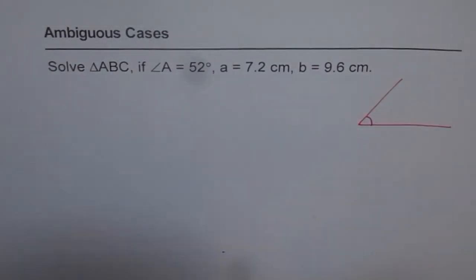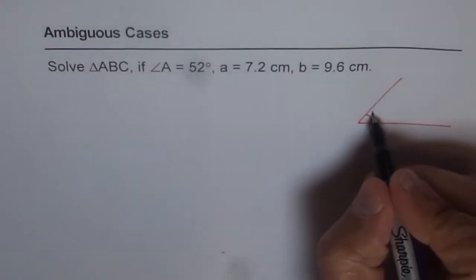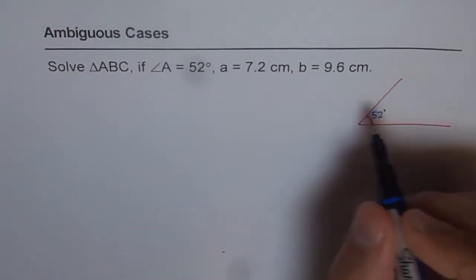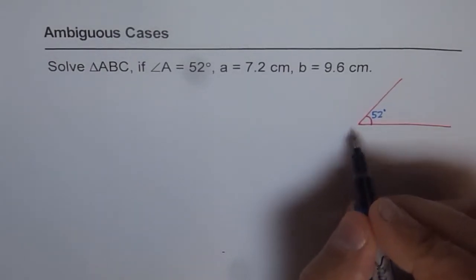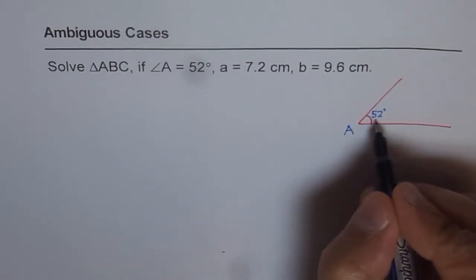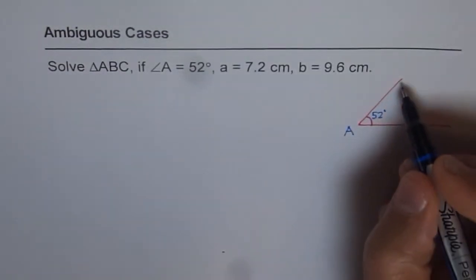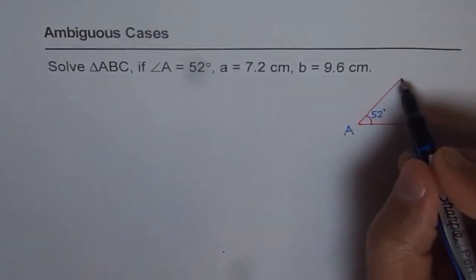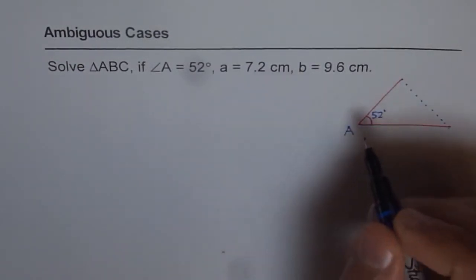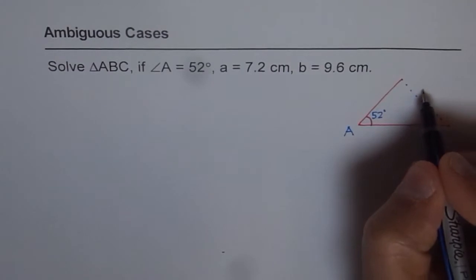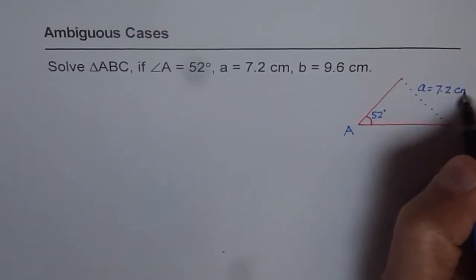Side a means the side opposite to vertex A. So let's say this is the vertex A, 52 degrees. Side a of 7.2 will be on this side, so this is side a, which equals 7.2 centimeters.